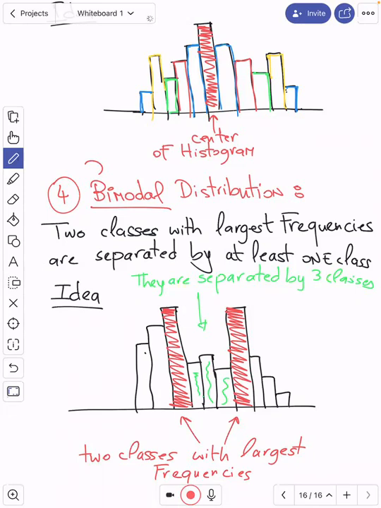All right, so let's do an example. I'm going to give you different shapes of histograms, and you need to describe them using those terms. So this is an exercise for you guys.